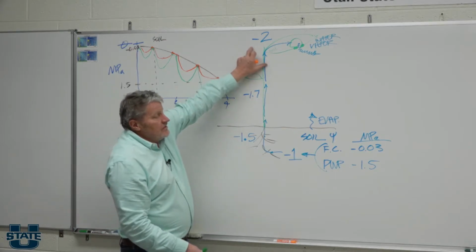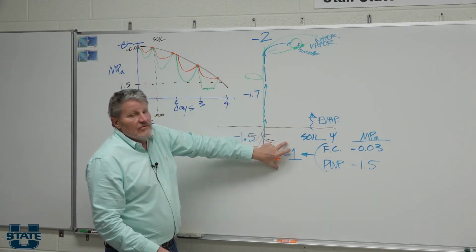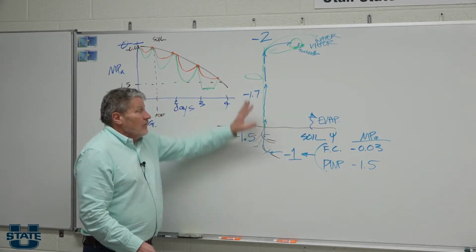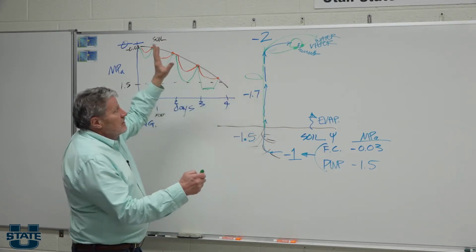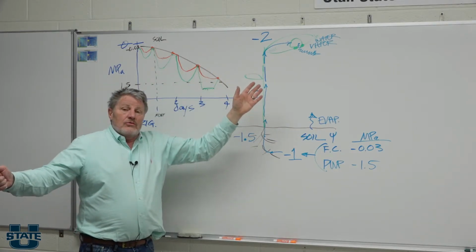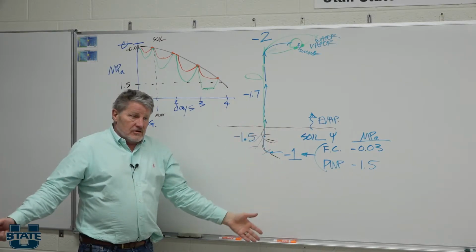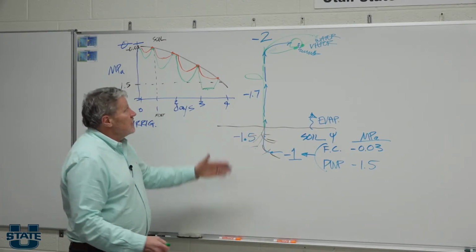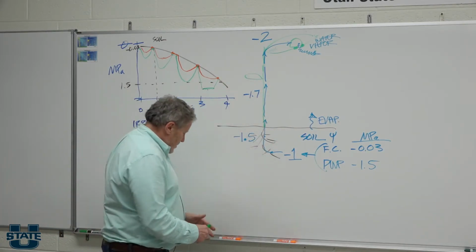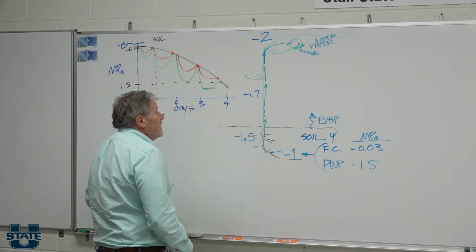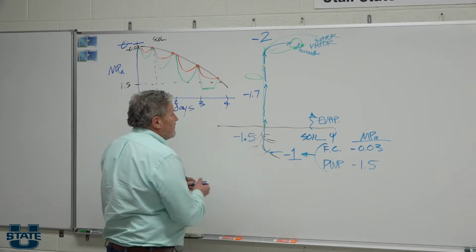This part of the plant is a lot more negative than the soil. And how much more negative it is depends on the humidity of the air, and it depends on how sunny it is. If it's a huge evaporative demand, we have to have an enormous flux of water.